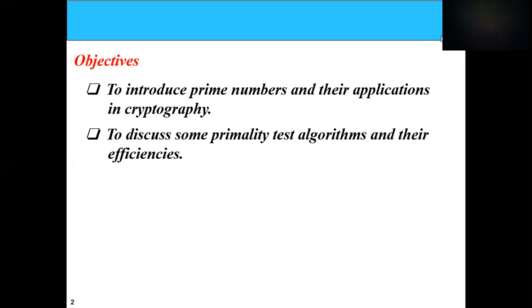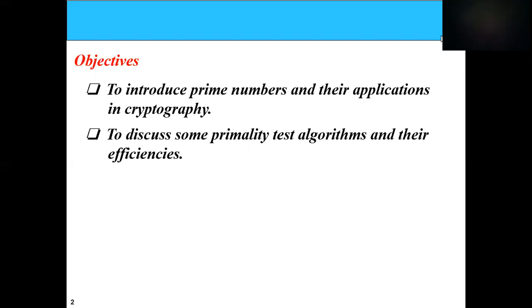But we are not focusing on the complexity and number theoretic complexity of algorithms. We are focused on the cryptographic need of prime numbers in cryptography, because our course is related with cryptography.